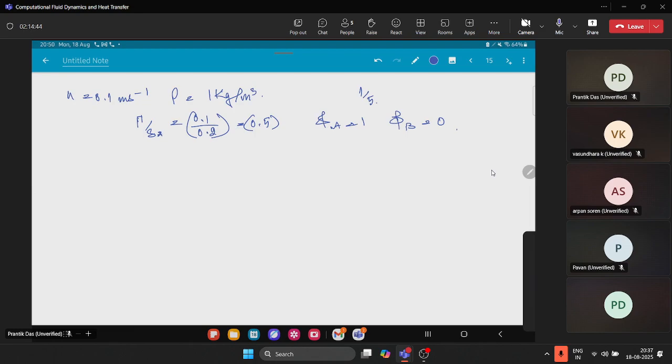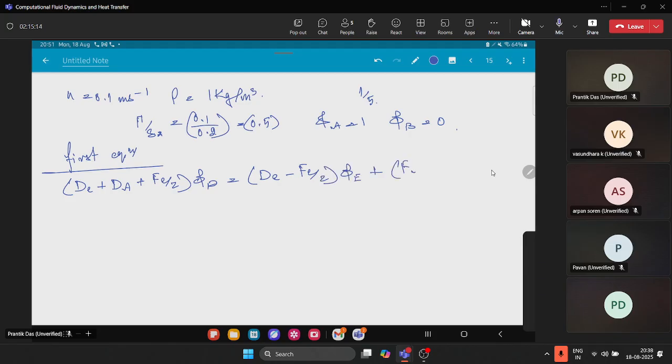So then for the first point itself, if you remember the equation that I've written, first equation, it is basically dE plus dA plus AP divided by 2 phi p equal to dE minus FE divided by 2 phi E plus FA plus dA phi A. Okay, so if I consider the area to be a unit area, 1 meter square, then area also gets cancelled from both sides.